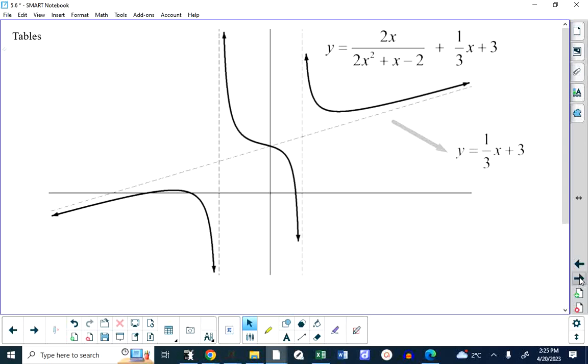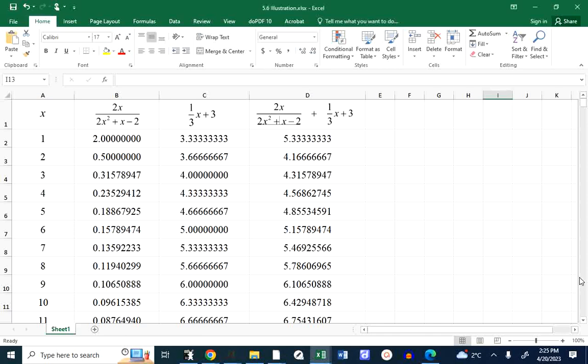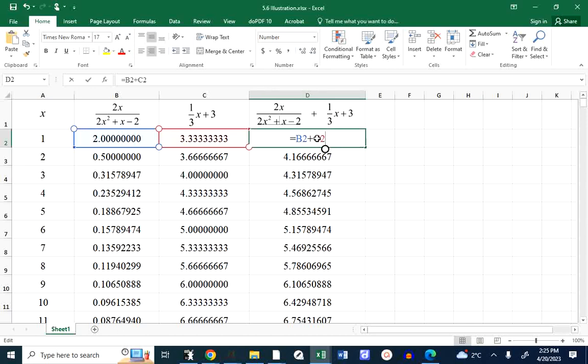What I've got is an Excel spreadsheet, and the very last column is f of x. If you look at the top here, I've got the equation of the function for f of x. And then I've broken it up into 2 parts. So if you were to look at the equation I'm using for this cell, it's going to be the sum of these 2. Are you guys taught how to use spreadsheets?